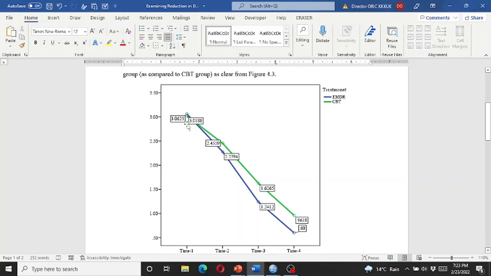In comparison to the CBT group, the EMDR group has greatly helped in reducing the level of depression.